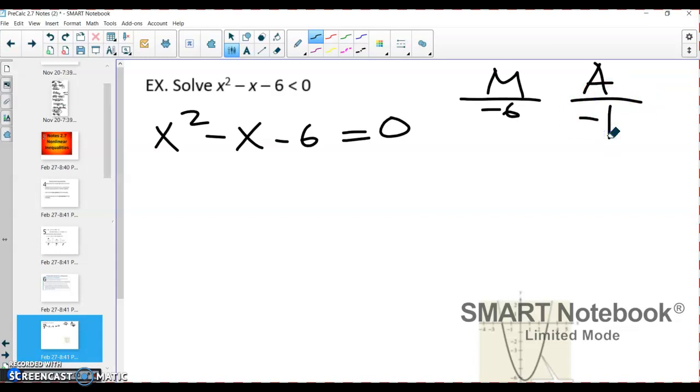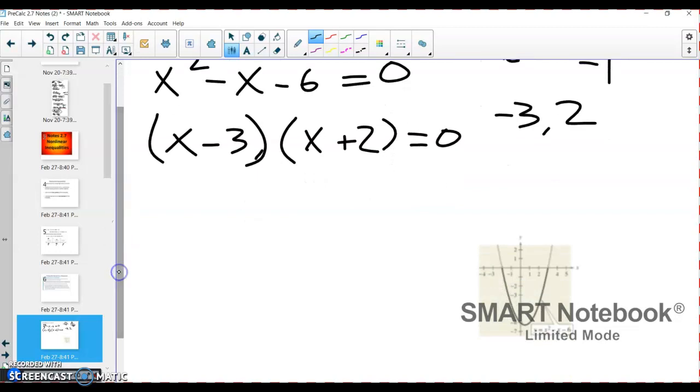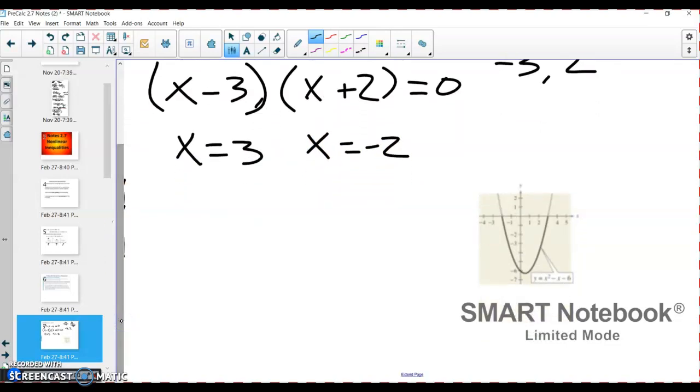The two numbers that do that are -3 and +2. So this becomes (x - 3)(x + 2) = 0. I'm using equals right now, and I'm going to go back to the less than sign at the end. My two x-intercepts are x = 3 and x = -2, and those are going to be my test points.